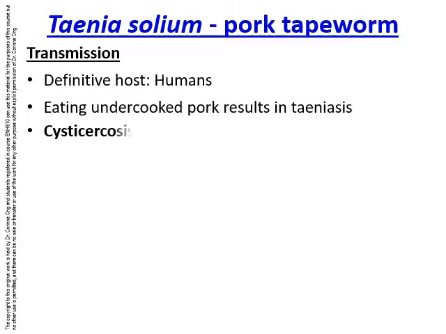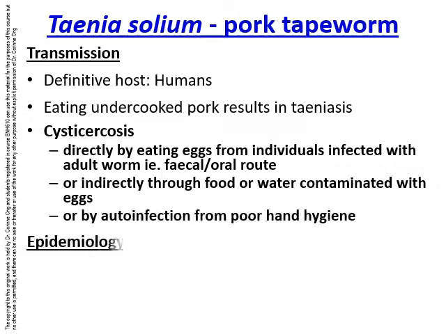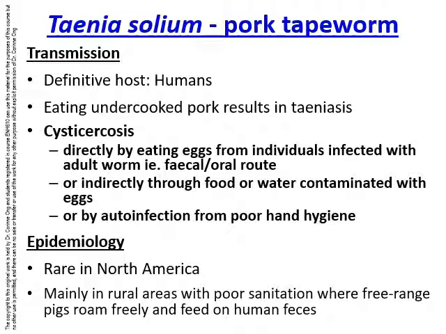Like beef tapeworms, the definitive host of pork tapeworms are humans. Therefore, eating undercooked pork results in taeniasis caused by the pork tapeworm. The other disease associated with pork tapeworm is cysticercosis, which is already described on the previous slide. However, we need to go over the route of transmission again, since it can be confusing and does not occur in the beef tapeworm.